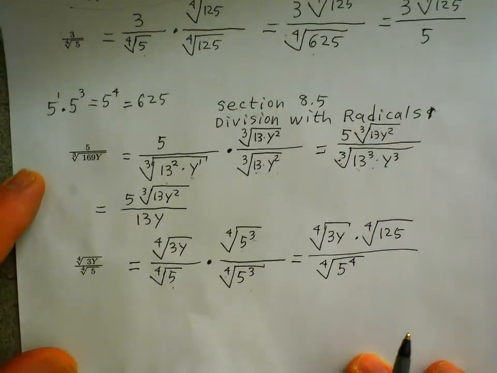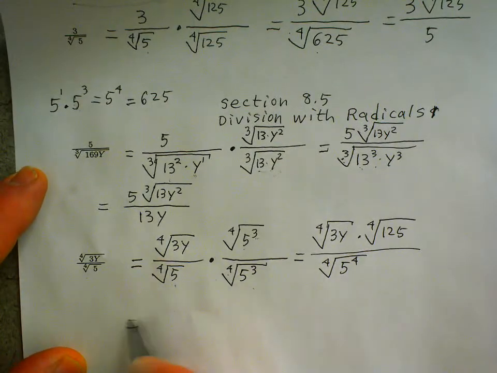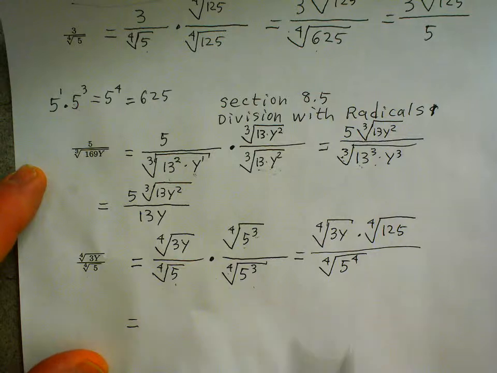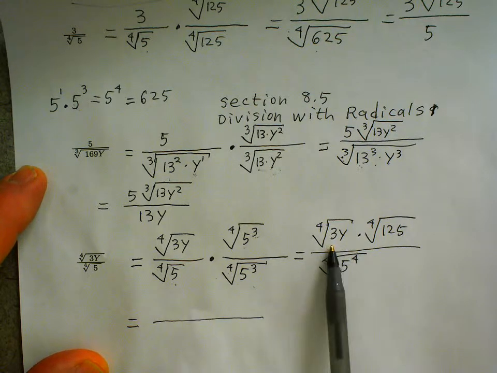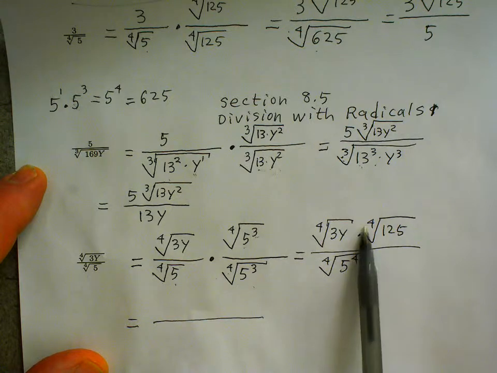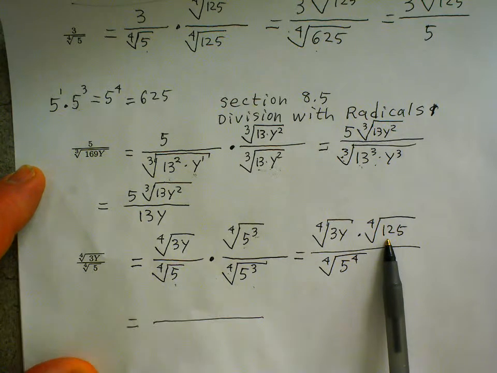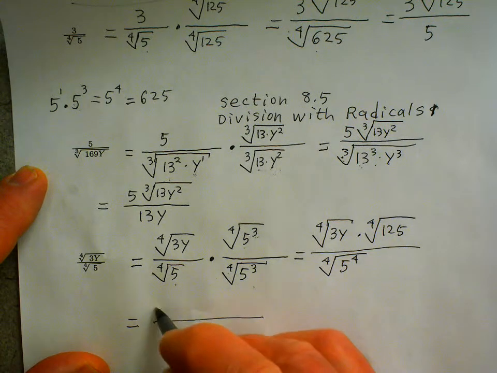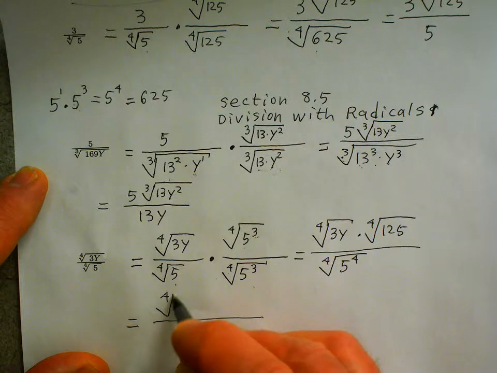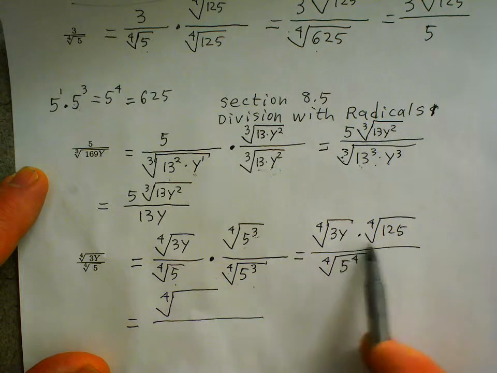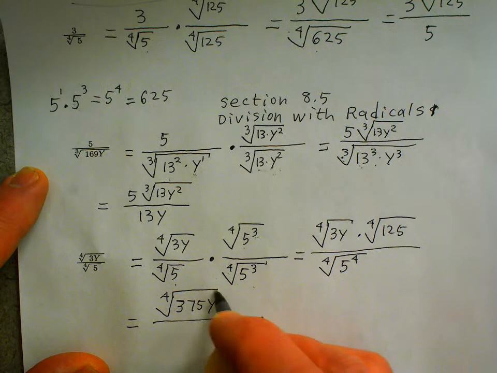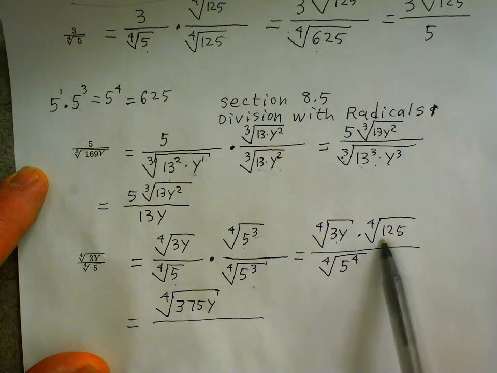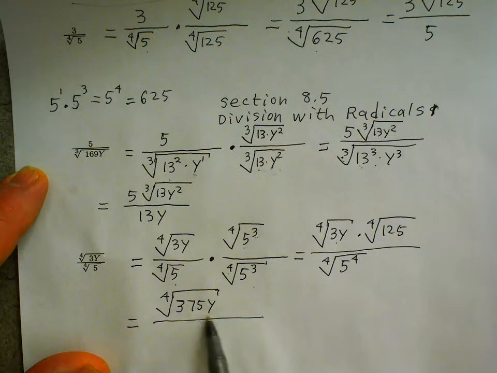Okay, then in the next step, we can write the simplified form. In the numerator, the fourth root of 3y times the fourth root of 125 is the fourth root of 375y, because 3y times 125 is 375y.